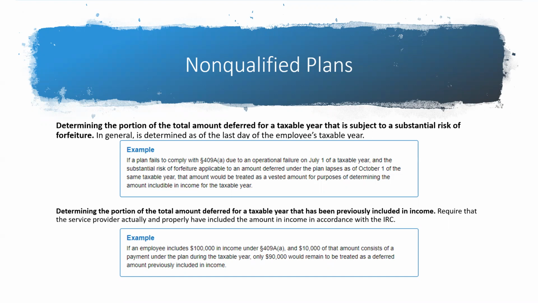This would include amounts reflected on original or amended tax returns that have been filed. The example again: if an employee includes 100,000 in income under 409A, and 10,000 of that amount consists of a payment under the plan during the taxable year, only 90,000 would remain to be treated as a deferred amount previously included in income. Of course, still clear as mud, right?